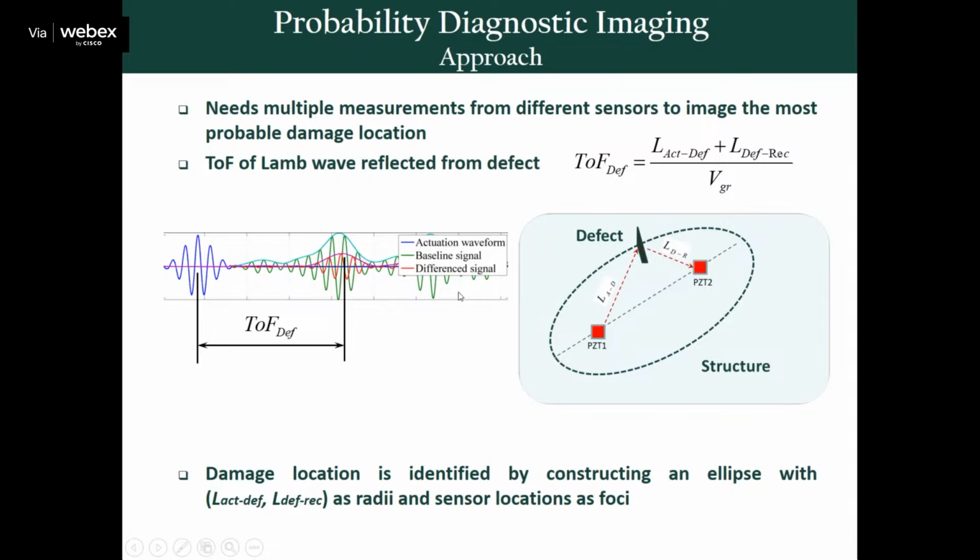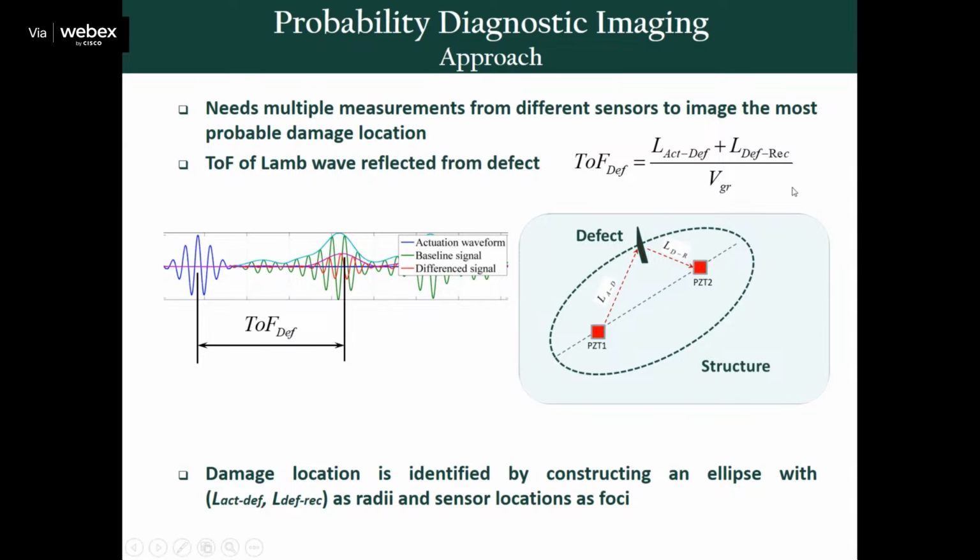For this PDI, of course, we need multiple measurements from different sensors to get an image formed. We also need to statistically tell what is the most probable damage location with multiple sensor nodes.